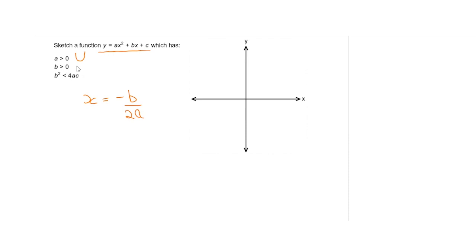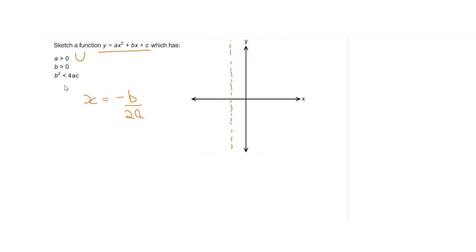If a is positive and b is also positive, then this quantity is going to be negative because of this negative sign here. So in other words, we know that this concave up happy parabola turns on the left of the y-axis.